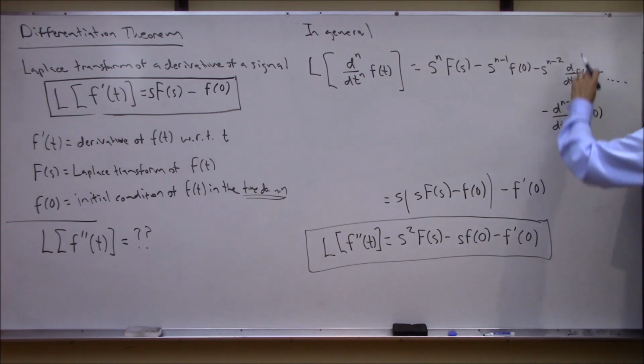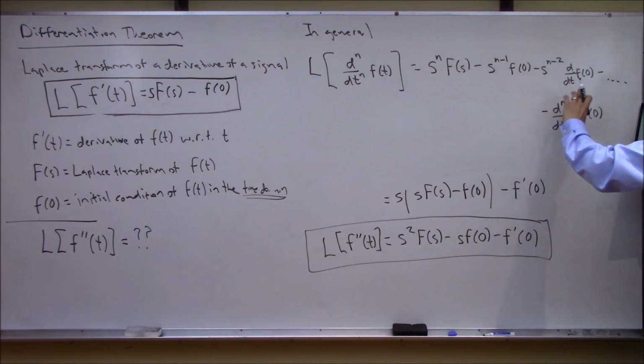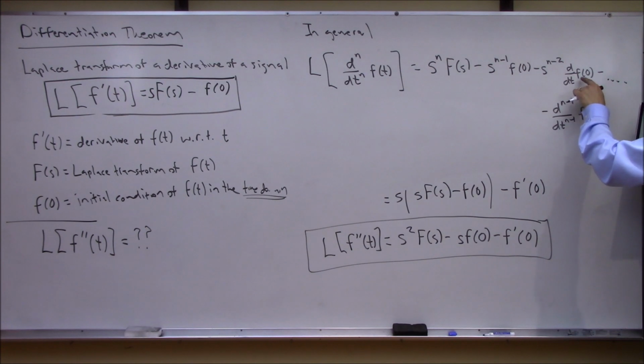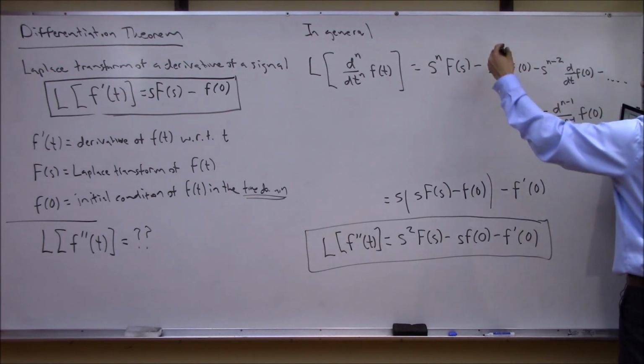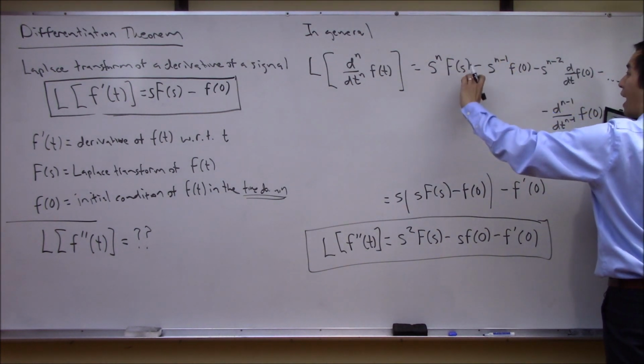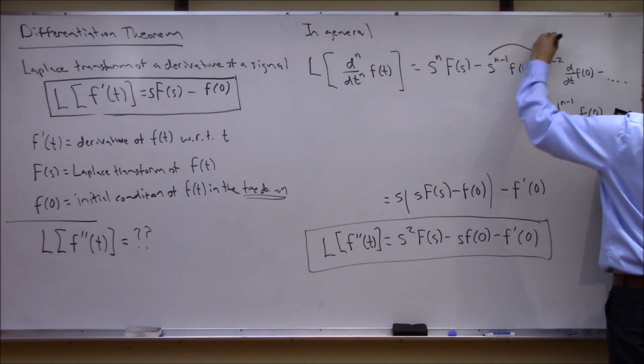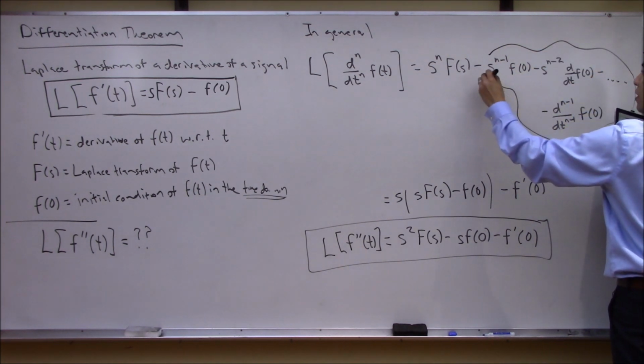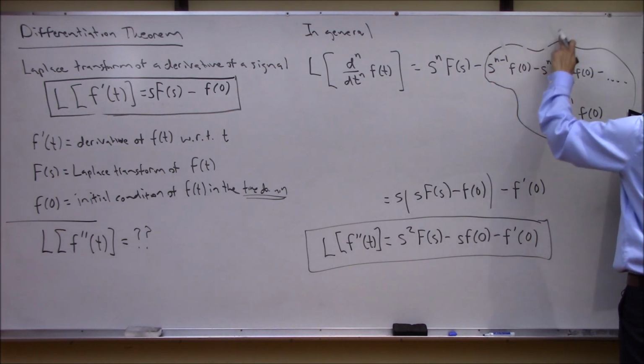Okay, so again, these are shorthand notations for take the derivative of f with respect to t first, then evaluate at time equals 0. So all of these are initial conditions. All of the terms past the first term, I'll draw a line, that was a horrible way to do this, I should have made it a dashed line.